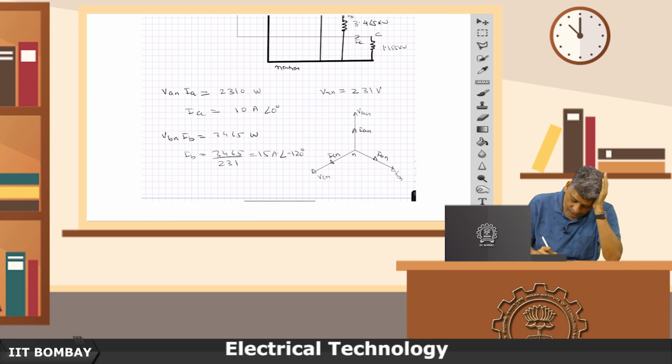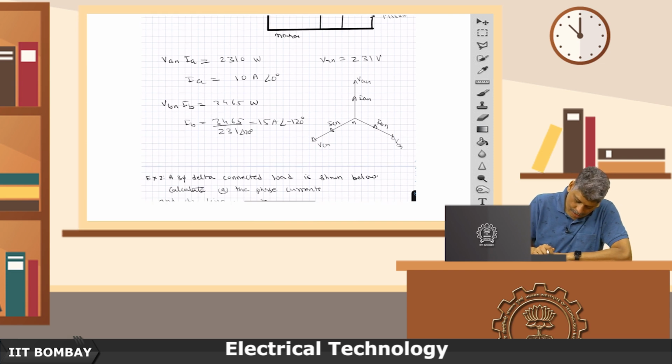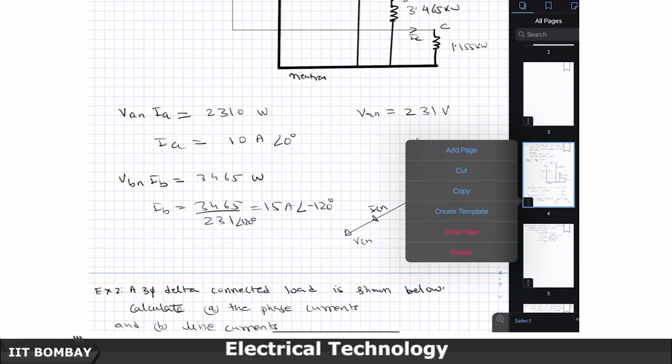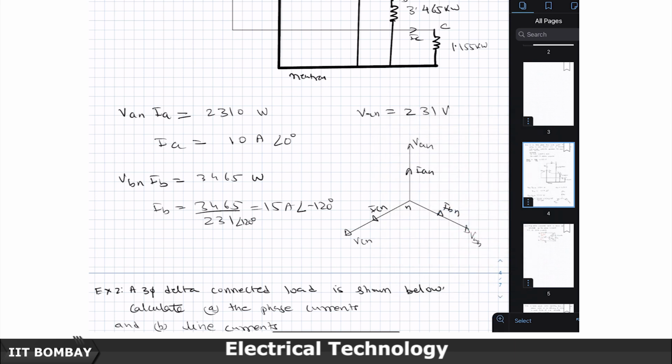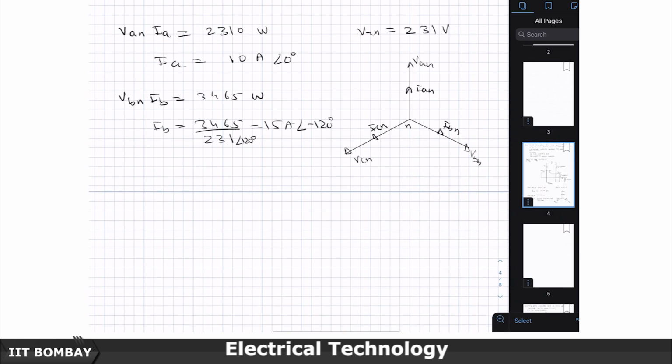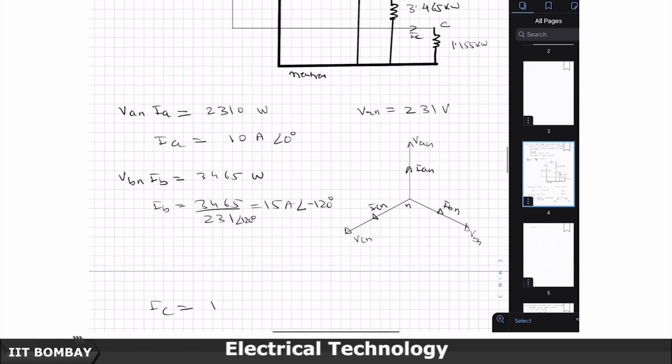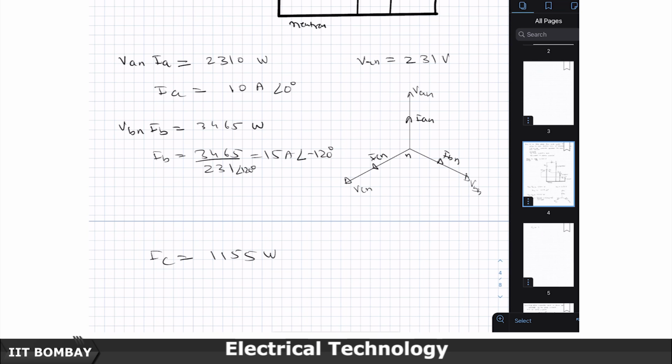Why? This is because VBN is at an angle of minus 120 degrees. What is going to be IC? Your load is 1155 watts divided by VC, which is 231, at an angle of... VC is going to be 231, this is correct.